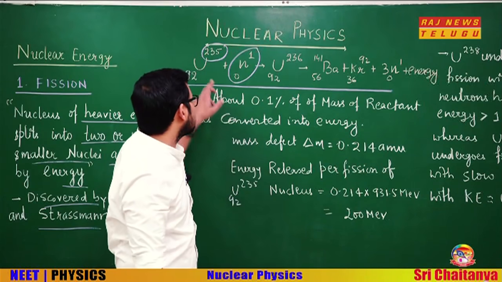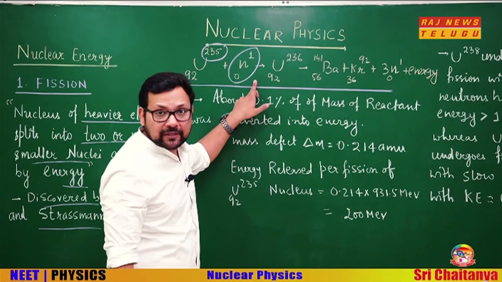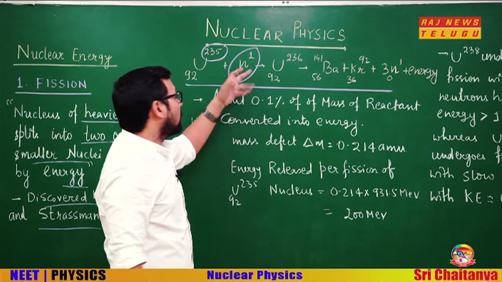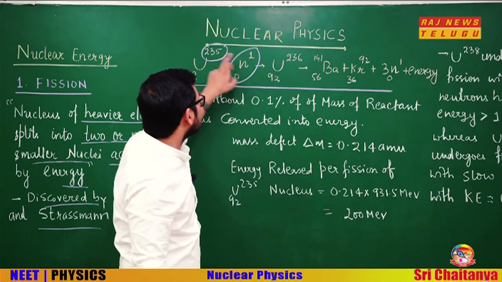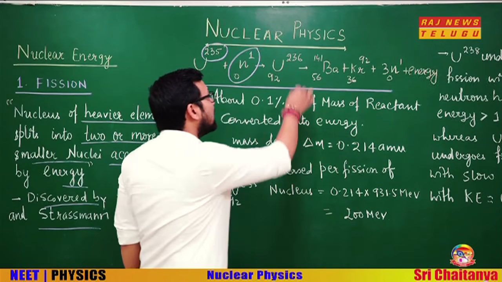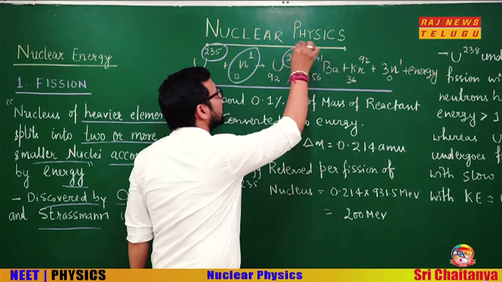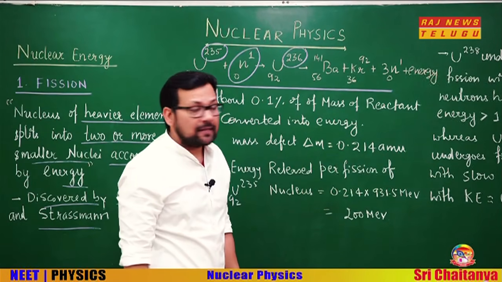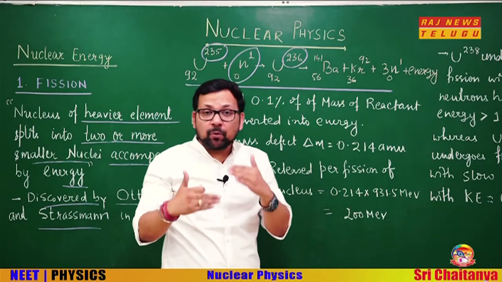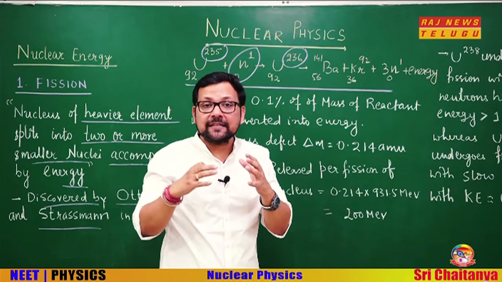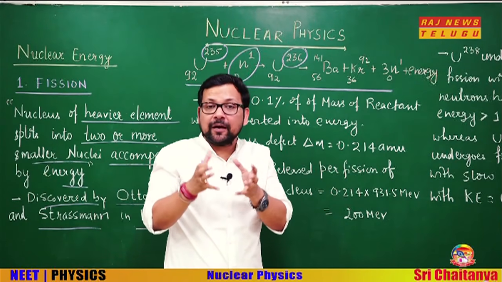Here, this is the target and this is the projectile. What happens? 235 plus 1 gives uranium-236, which is relatively more unstable, so its probability of decay is higher.